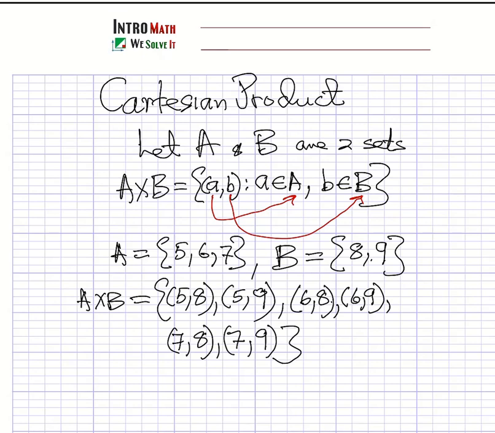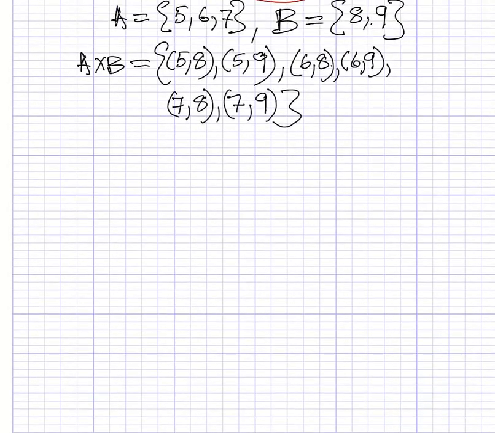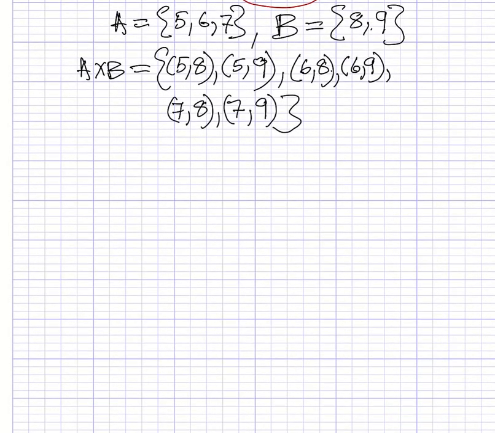I just want to show you another way you can do the same thing, right? You've got those two sets. You can do it this way. You can use what they call a tree diagram. You can construct a tree diagram like this using those two sets. You start with the elements of A, like we did above. You draw 3 branches because A has 3 elements.